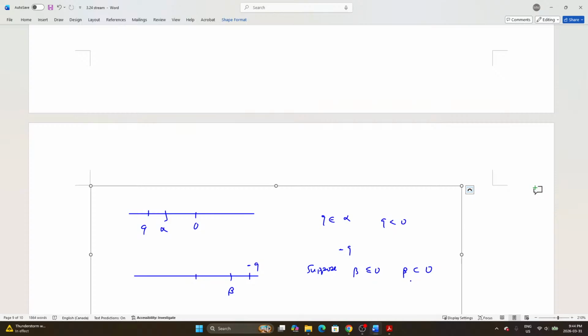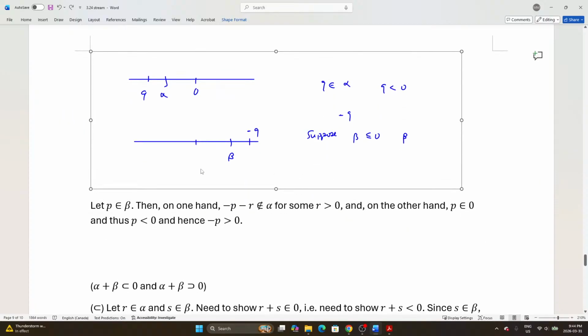To contradict that, I need to find something in beta that is strictly positive. I need to construct something strictly positive in beta. How do I do that? So far I'm not getting a contradiction.